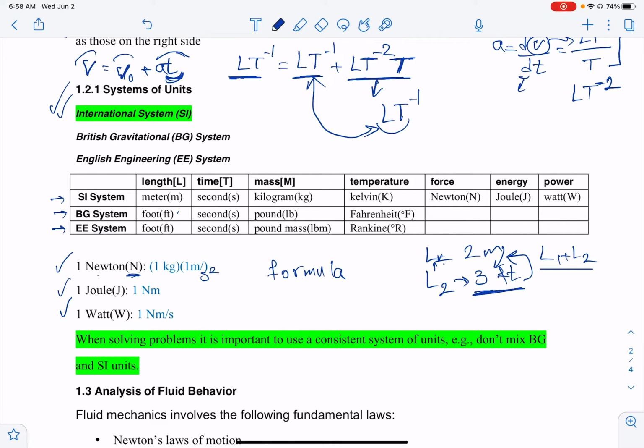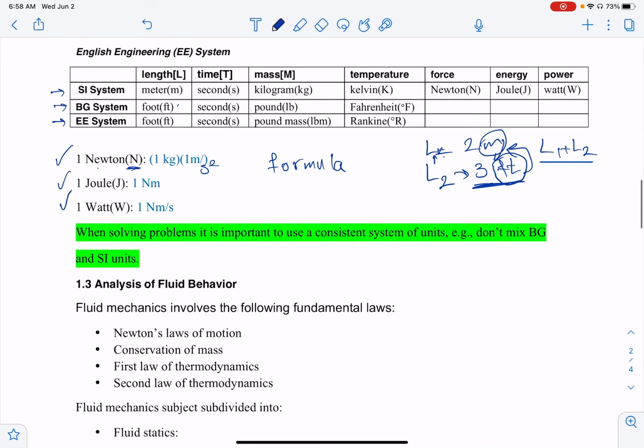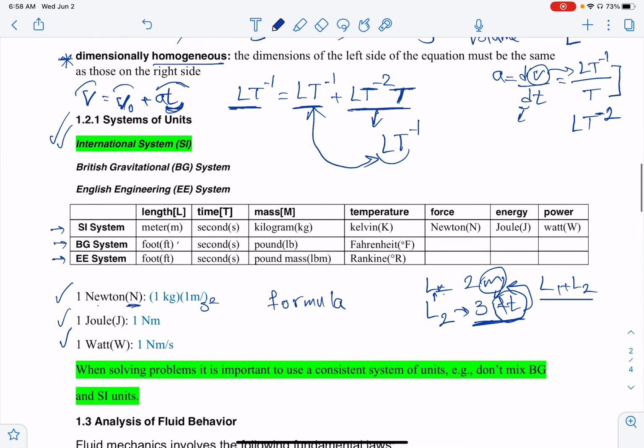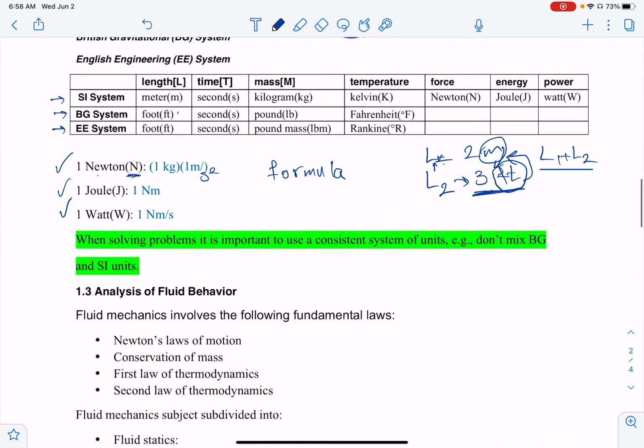Remember, they need to both have the same unit. So this is about the system of units.